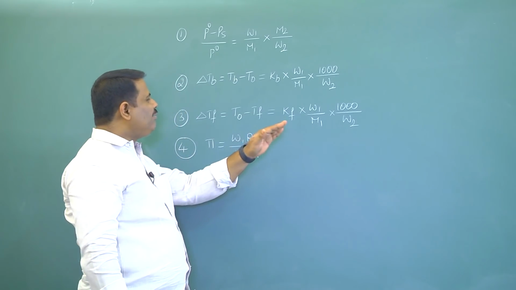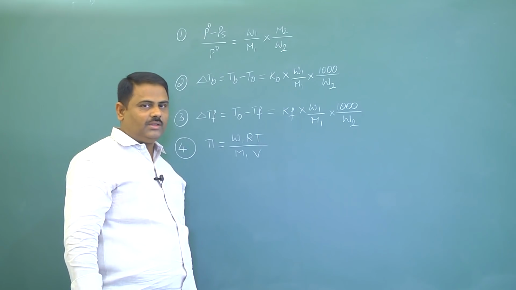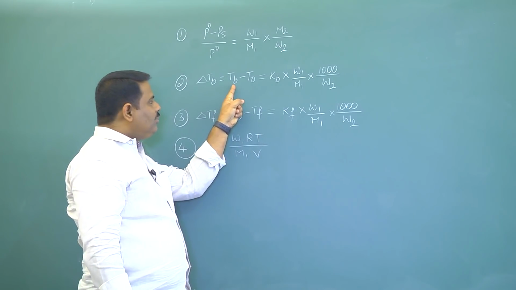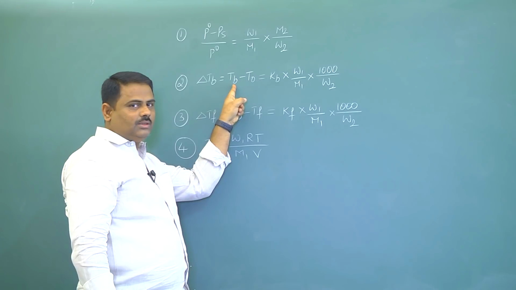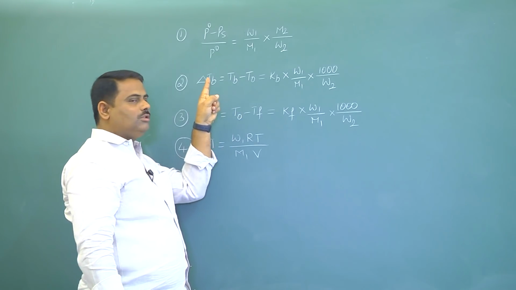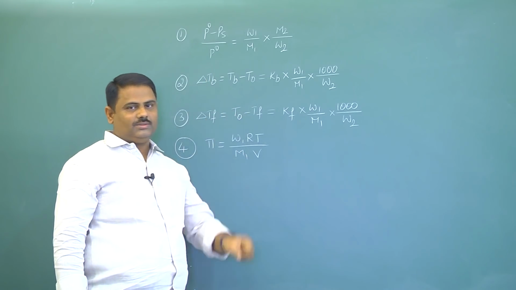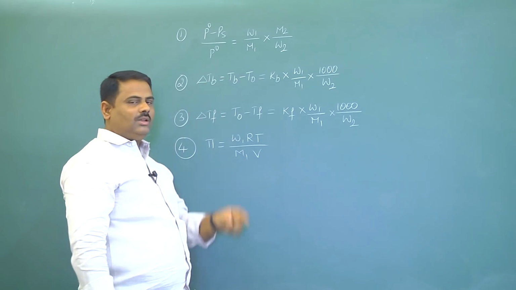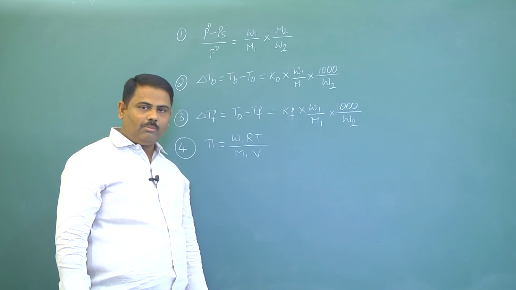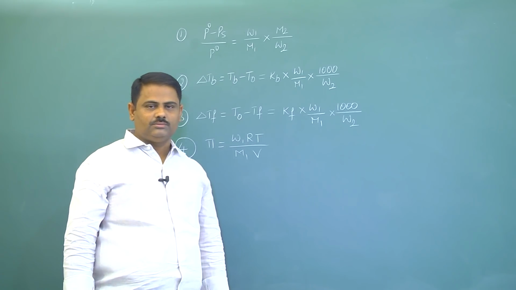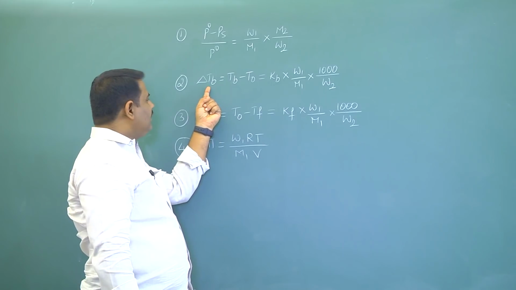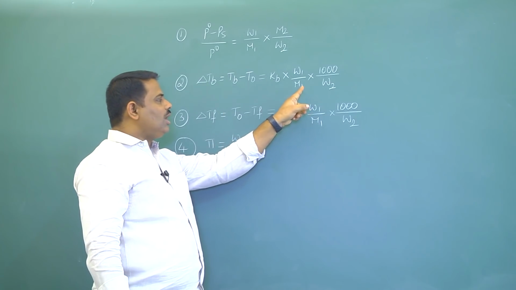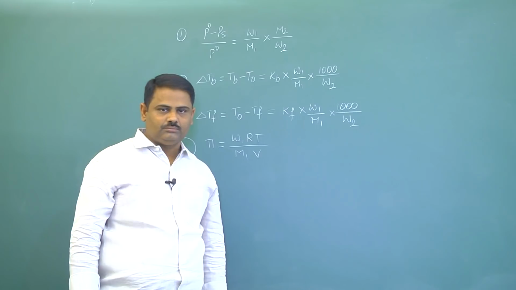Now as number of particles of solute increases, TB increases, elevation in boiling point also increases. That is why elevation in boiling point is directly proportional to number of particles of solute, and inversely proportional to molar mass once again.